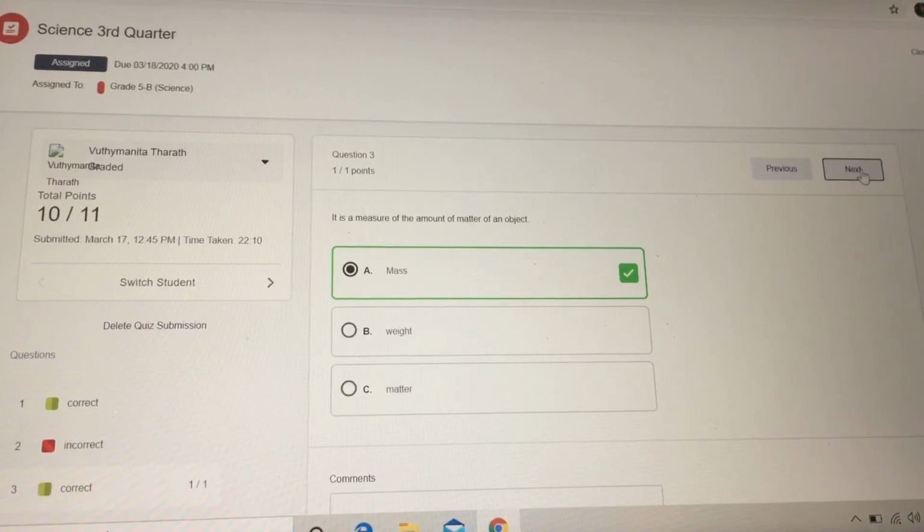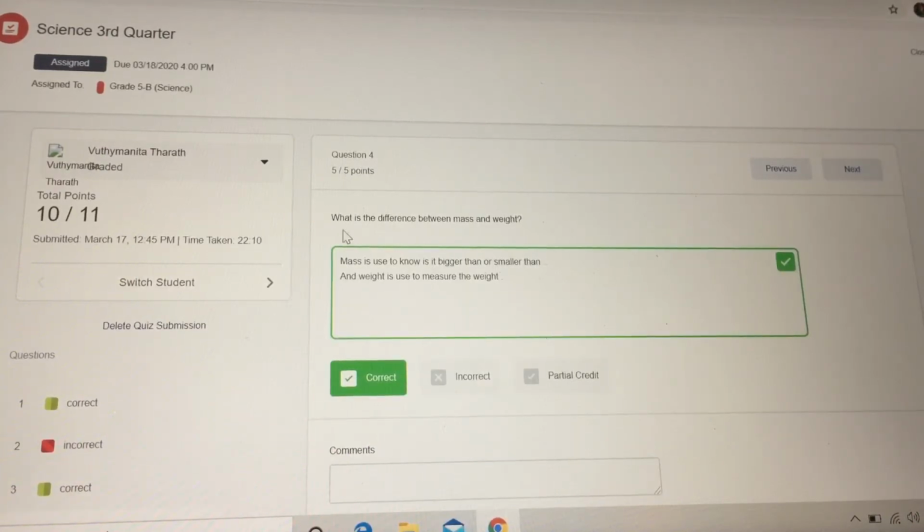Question number 4. What is the difference between mass and weight? So she answered here, mass is used to know if it is bigger than or smaller than, and weight is used to measure the weight. I marked it correct because it still makes sense, because with mass you can actually specify if that object is bigger or smaller, or you can say that the mass of that object is greater than or less than another.